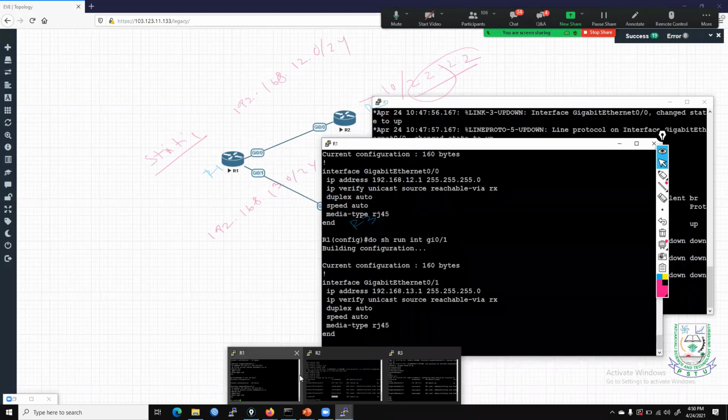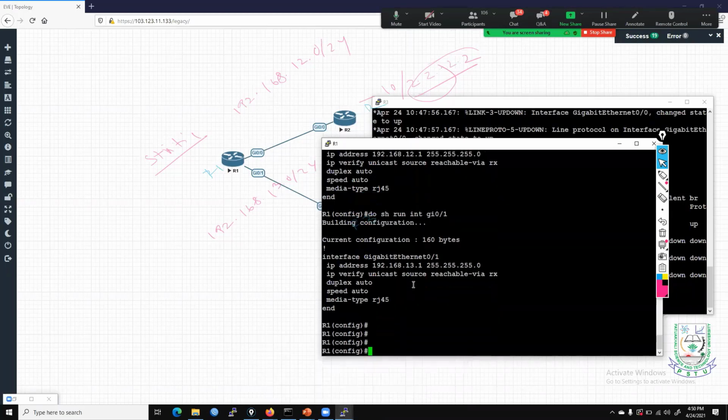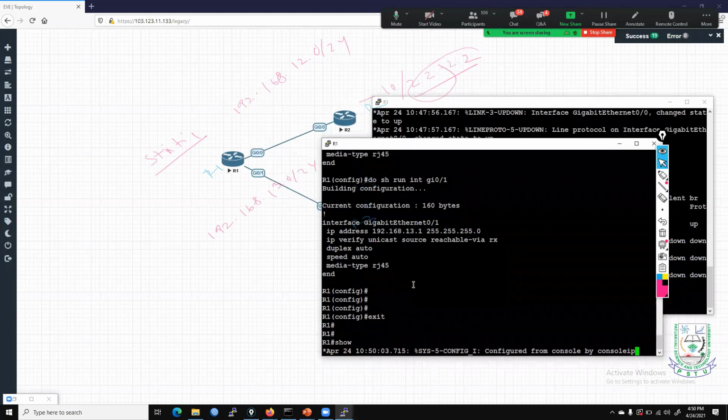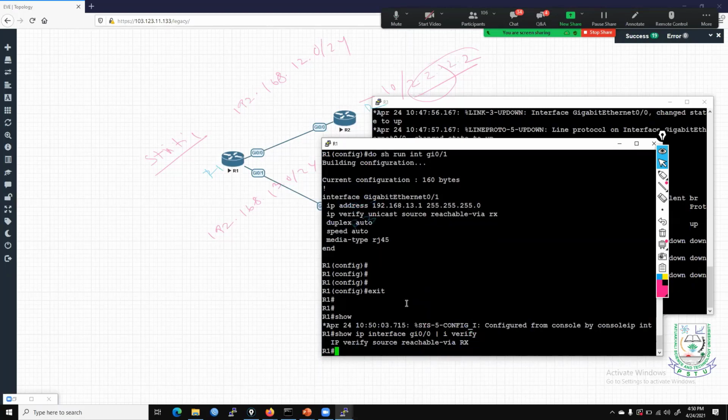Before going to check that part from R2, if you check the RPF parameters, show ip interface gig 0/0 | include verify, that's set, right? The command is already set.